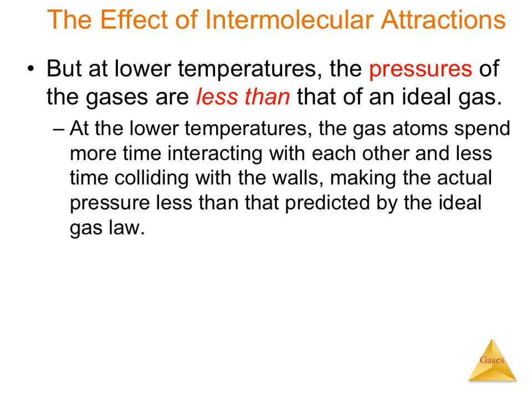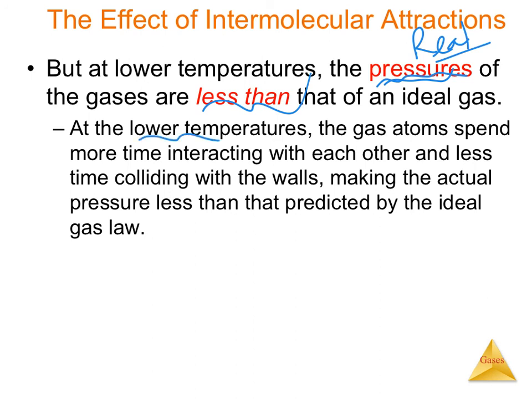But the bottom line is, if you have a non-ideal gas, in other words, a real gas, what's going to happen is the pressure of the real gas is going to end up being less than the pressure of the ideal gas. Remember, what causes pressure? Pressure is due to collisions of the gas molecules against a container. So with a real gas, that pressure is actually going to be less, okay?